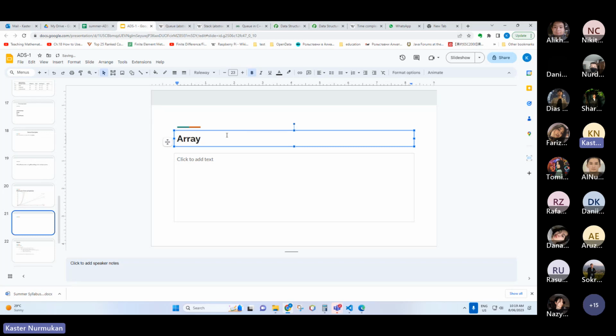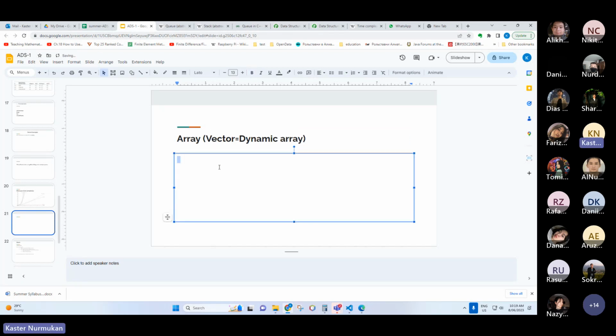Array, let's say vector. Vector is a dynamic array. What I'm trying to say is you should know the array. An array is also called a linear data structure. Okay, a linear structure.